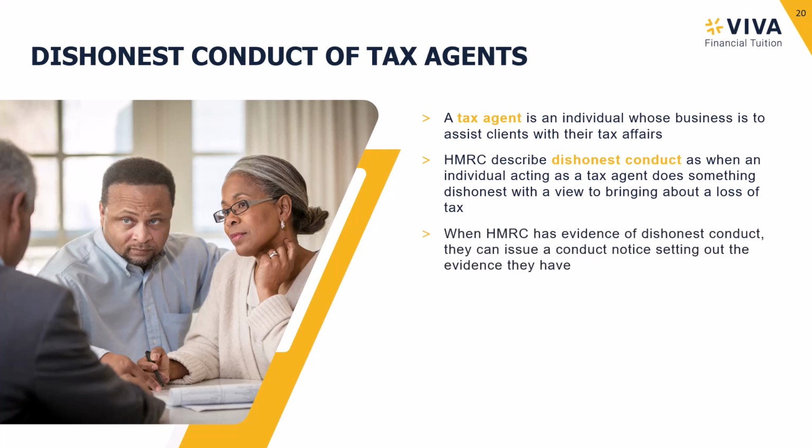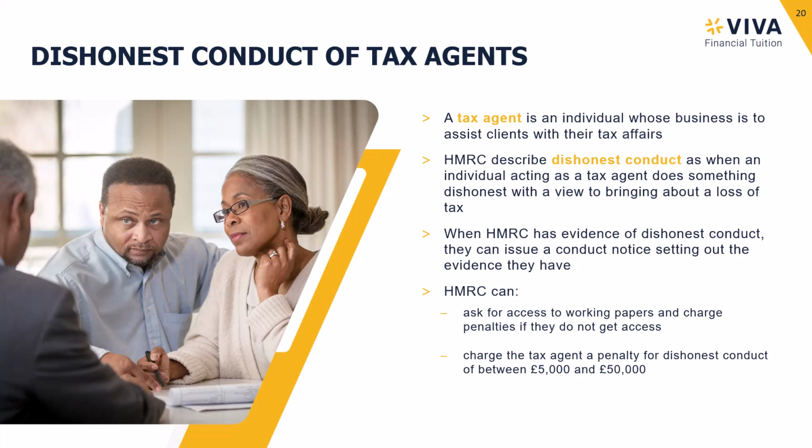When HMRC do have evidence of this dishonest conduct, then they can issue a notice setting out what evidence they have. They have quite wide-ranging powers, and this would include the following. They can ask for access to the tax agent's working papers and also charge penalties on that tax agent if they don't get the access that they request.